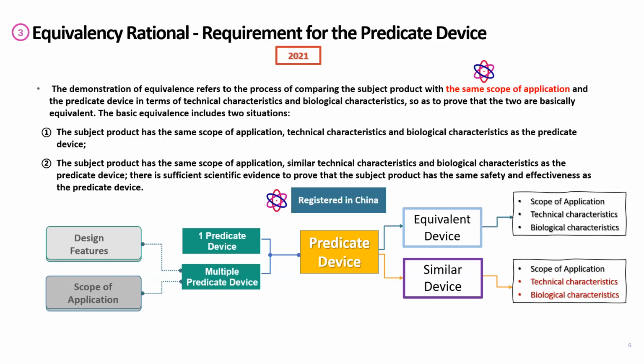And another definition is about the similar device. I know the EU MDR also has a definition of the similar device, but I'm not sure whether that definition is exactly the same as what is mentioned in the China guidance. But in the China guidance, a similar device should have the same scope of application as the subject device, but it might have similar technical and biological characteristics compared with the subject device.